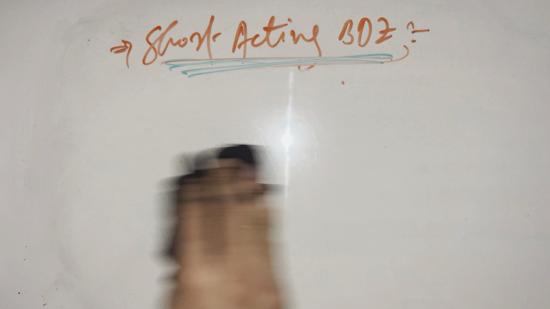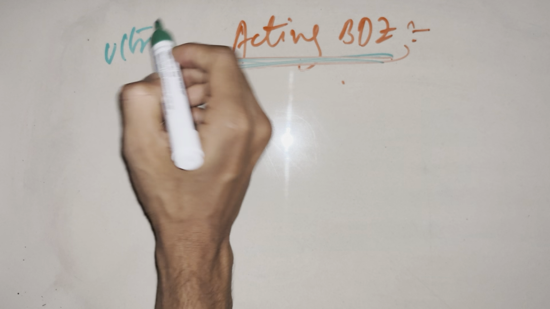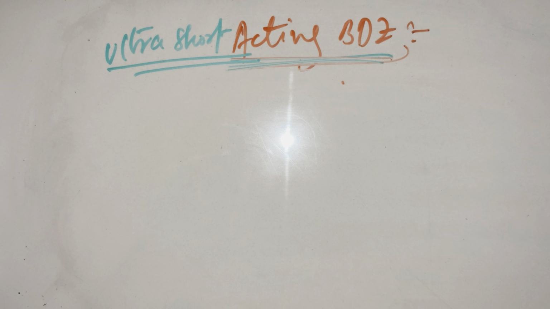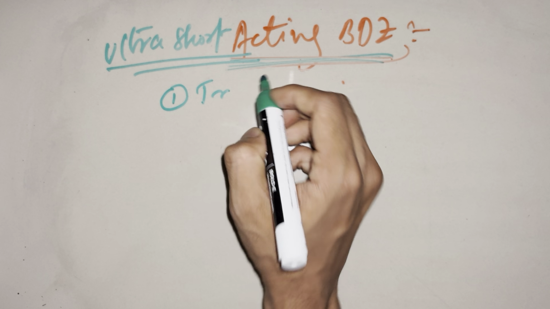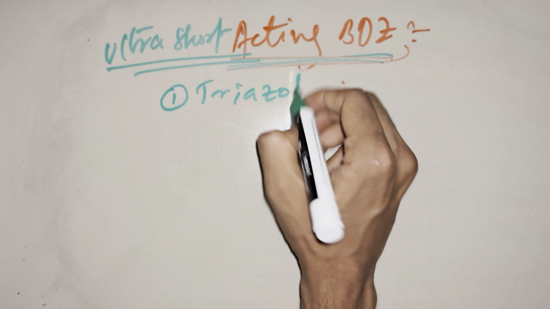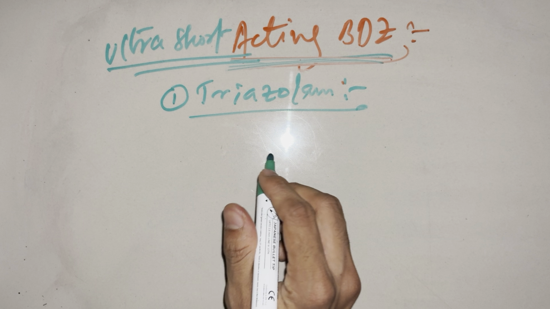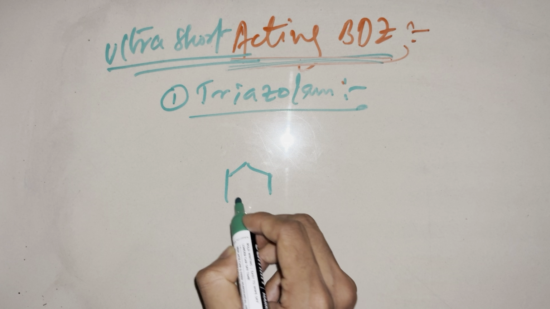Next we will see the ultra short-acting benzodiazepine. So what are ultra short-acting? The ultra short-acting benzodiazepine example is triazolam. So again, in this triazolam also you will see one extra ring. Which ring?